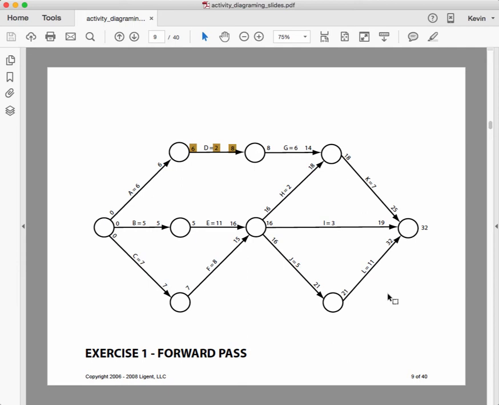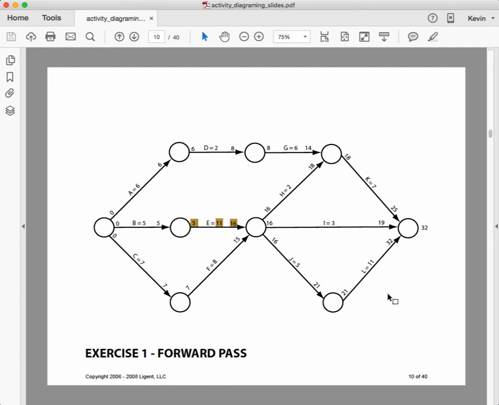Now we're just going to go up and do D. So the early start is just a copy of the early finish that came into the node. Okay, so if we came in with 6, we go out with 6. So early start of 6, duration of 2, early finish of 8.